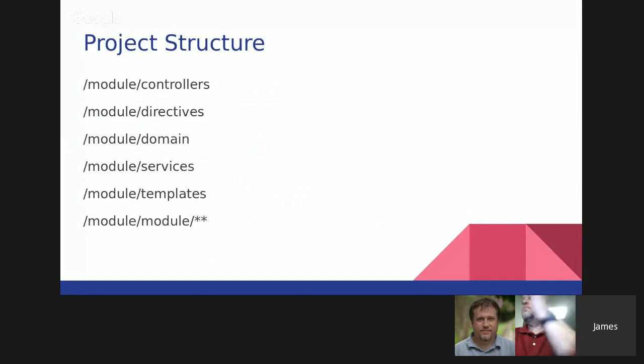Modules, as well as the definition of assets inside of their respective types. So you can have as many deep levels of module as you want, and also have controllers, directives, domains, services, and templates.